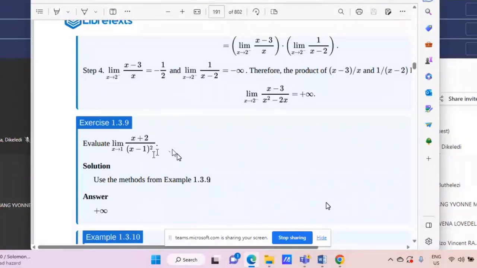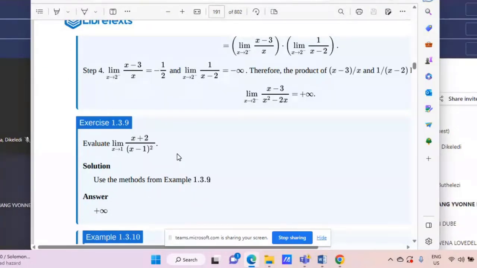The main reason I requested Levan and Bianca to not be away from us today, even if they had other commitments, was to explain in simple terms how they got to this positive infinity. Levan, please just share with us how you got to it.